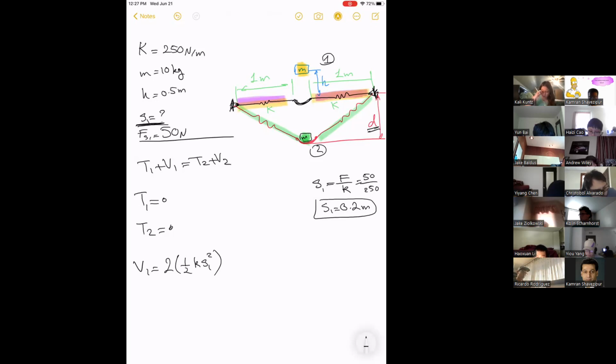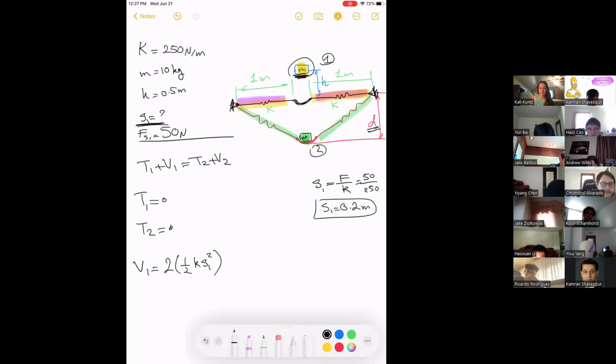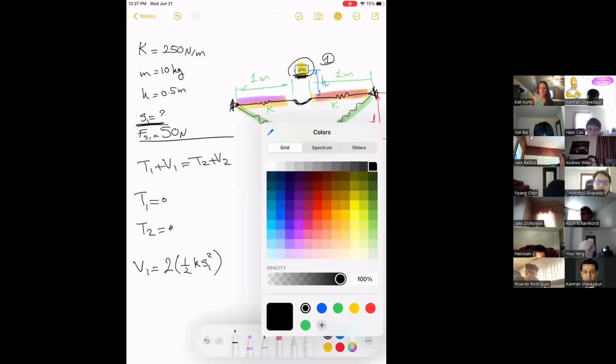We calculate them, but we can substitute later. We also have gravitational potential energy. This guy is up in the air, right? How do I find the gravitational potential energy? To do that, I need to have my reference point, right?